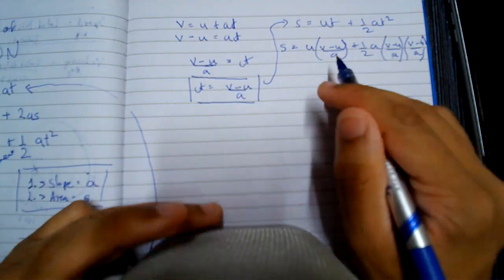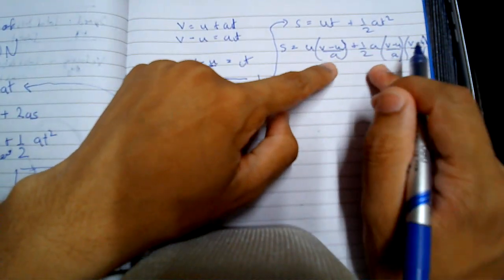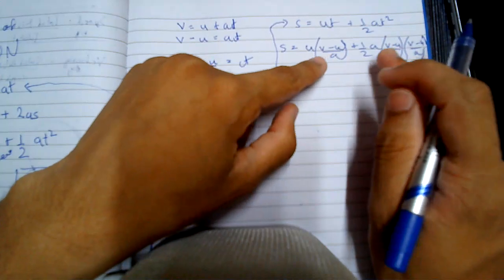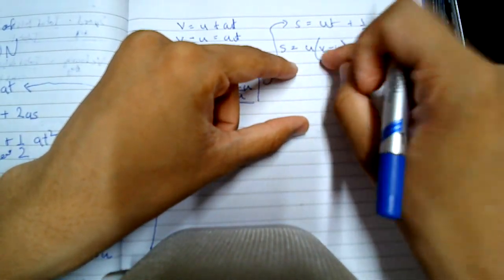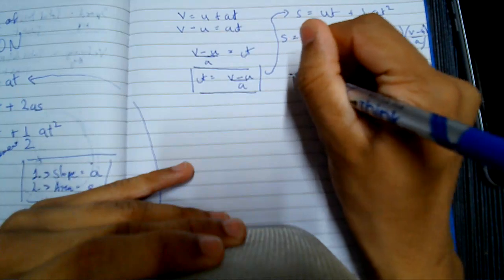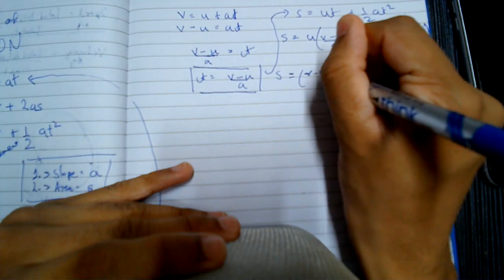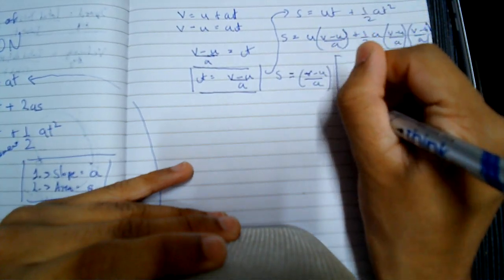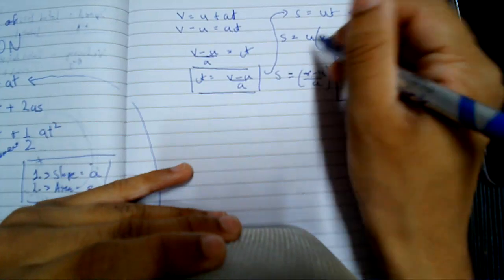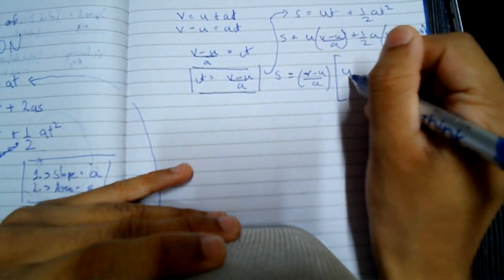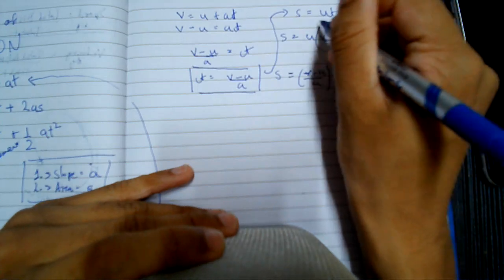Cool. Now v minus u over a is common in these two terms. This is one term, this is another term, and we found the same thing over here, so I'm going to take it outside. s is equal to v minus u over a, the whole into, we took it outside, so it's going to be u, v minus u over a into u gives me this.